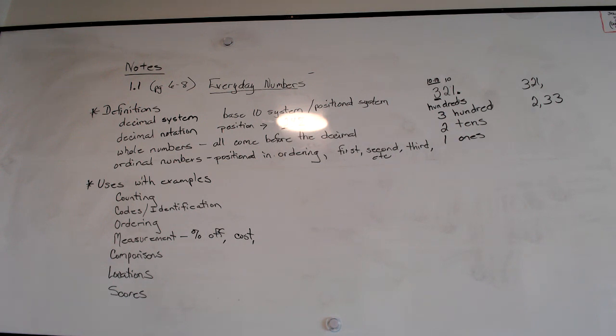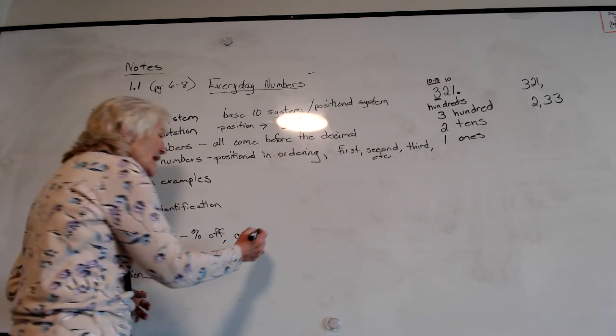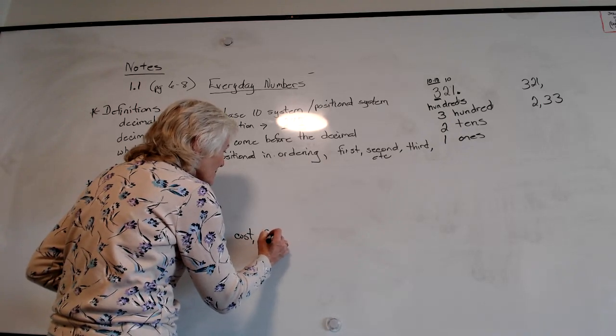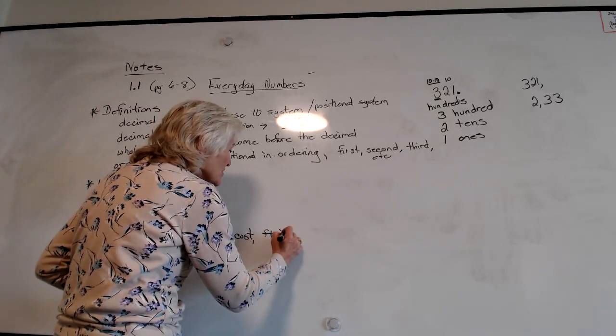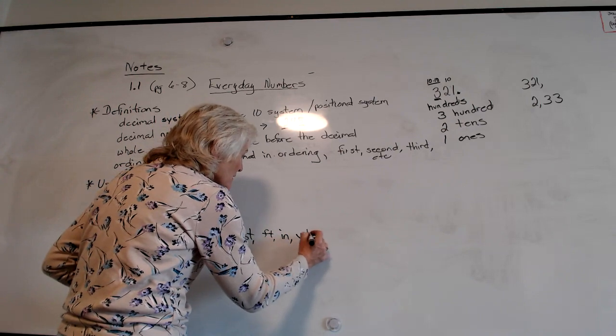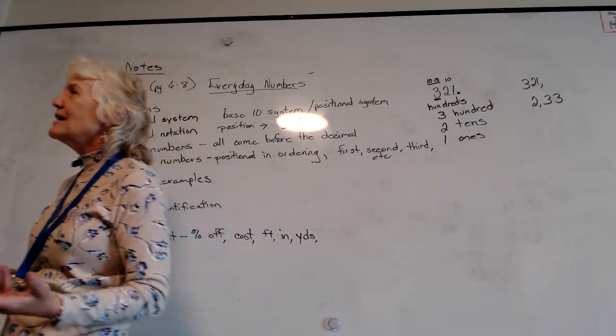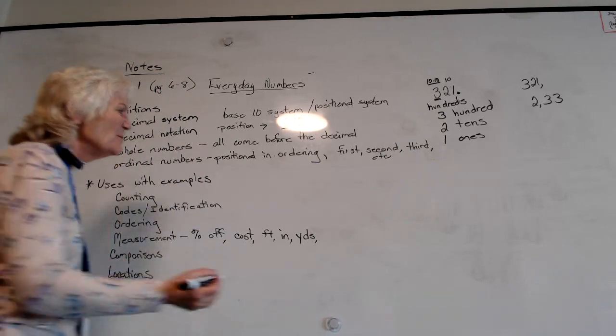That's a measurement. Measurements are those feet and inches and yards and all those kind of things. So we measure distance or height, in feet, inches, yards. We can use centimeters, which we don't do a lot of times. We do pounds.